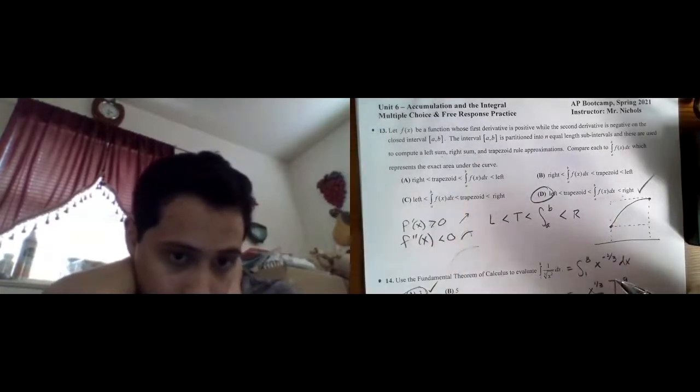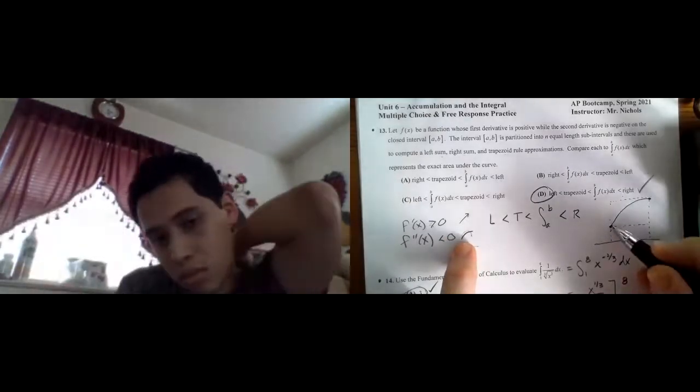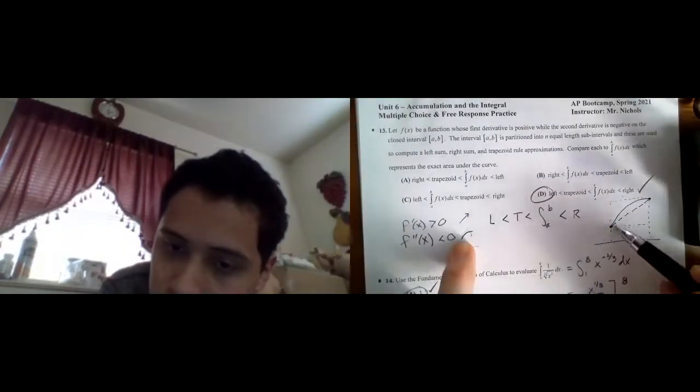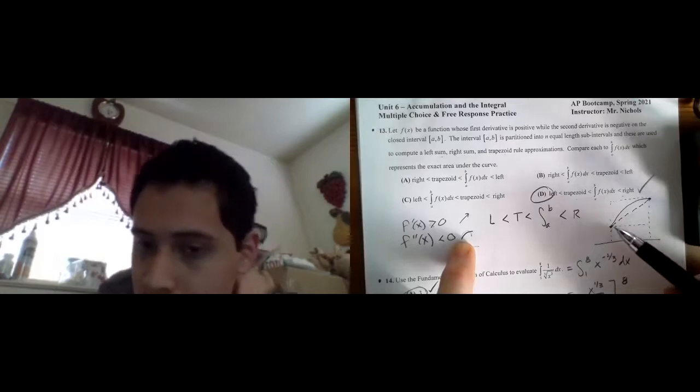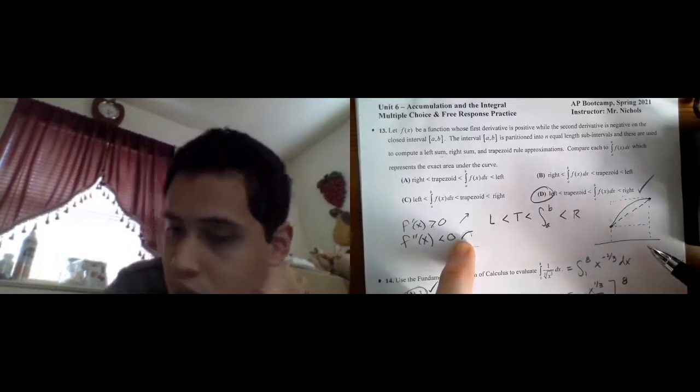All right, so let's think about trapezoids now. Because it's concave down, if I were to draw the trapezoid approximation over the curve, the trapezoid area down here is going to be less than the area of the curve. So for concave down curves, trapezoids are always going to be under approximations.